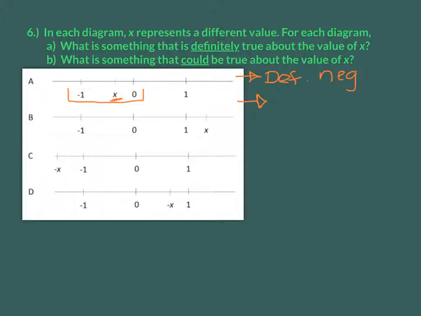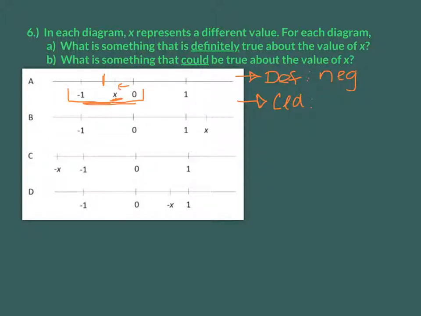And then I'm going to say it could be, well, let's see. I can see that it's between negative 1 and 0. I can see that this is probably about halfway, and this is somewhere in between, not exactly in between. So I'm going to say this is probably a third of the way.